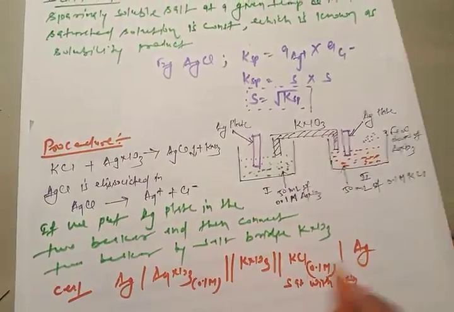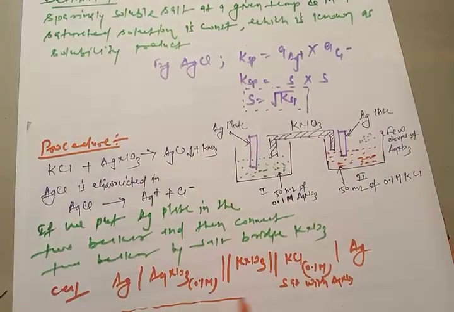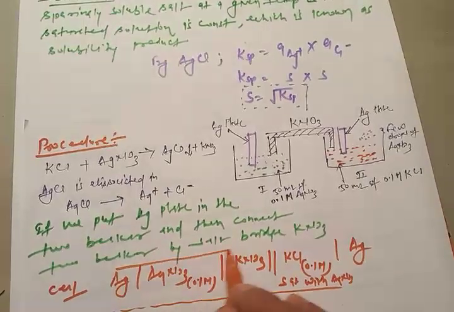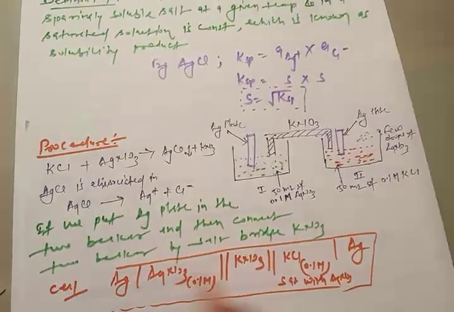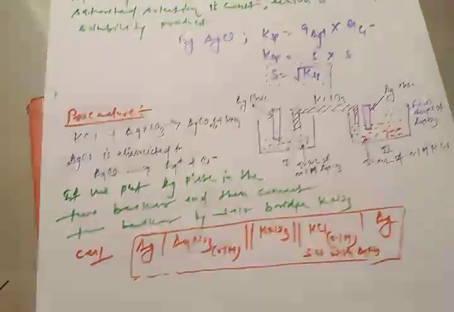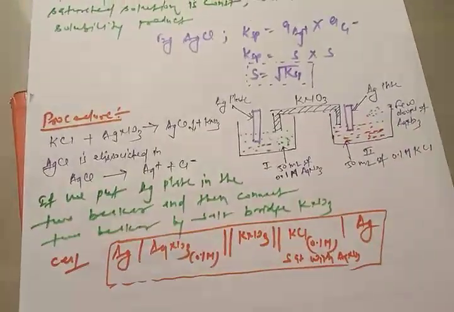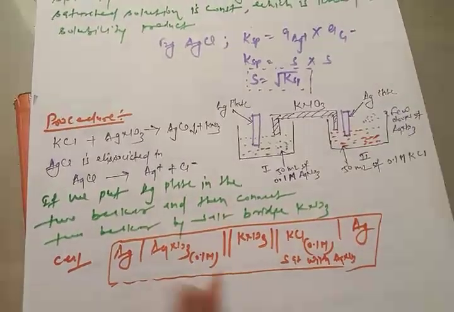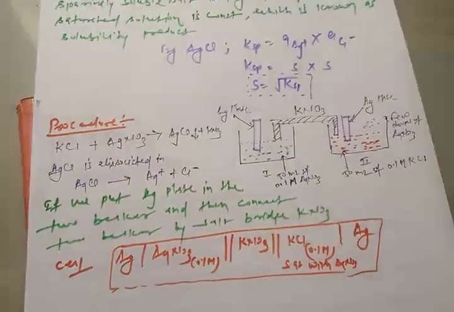So this is the cell representation. This is very important, you should understand. One of the students has asked a question about this, so this can be another solution of that question, silver to silver.